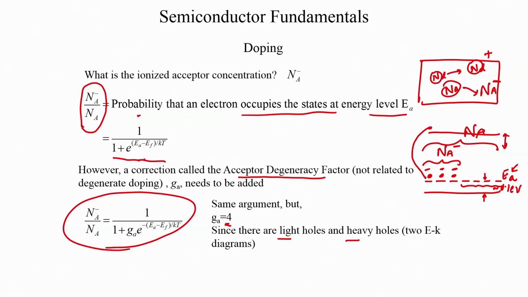So, we have now identified what is Nd plus and what is Na minus for any given temperature T. Okay. Now, as T keeps increasing, your Nd plus will eventually merge with Nd and Na minus will eventually merge with Na. Okay. But for any arbitrary T, this is the ratio.